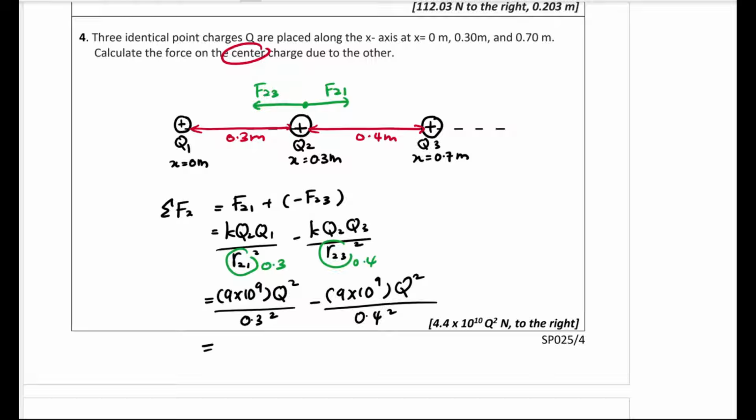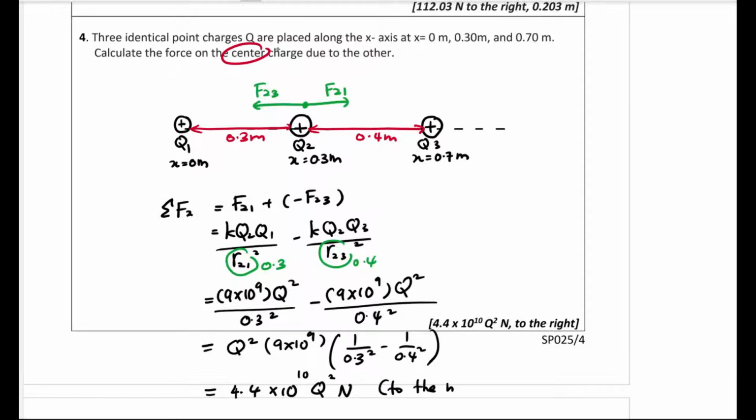Because we don't know the value of Q, the final answer you try to solve. So you factorize the Q and the 9 as well. It will become 1 over 0.3 squared. So the final answer in terms of Q squared. And the answer is positive, so to the right.